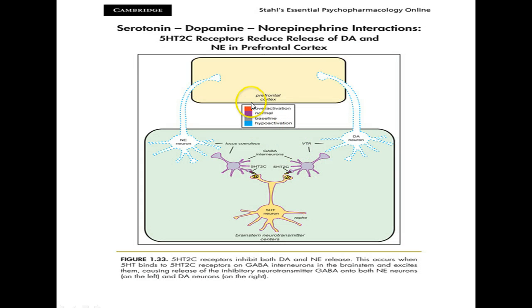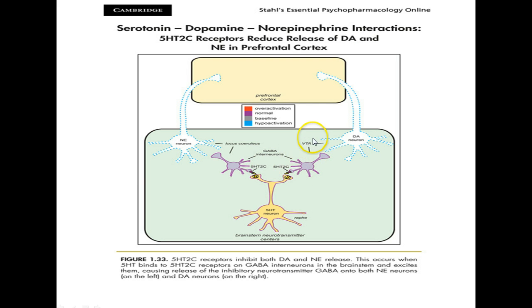Now here we are seeing that all three systems are connected schematically. If this is the prefrontal cortex, and these are the norepinephrine neuron and the dopaminergic neuron, and in between we have the serotonergic neurons, we do see that there is a connection. There's a brainstem neurotransmitter center connection through GABA, either through the locus ceruleus or through the ventral tegmental area.